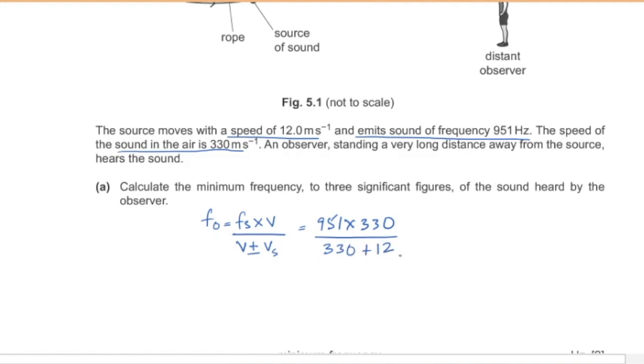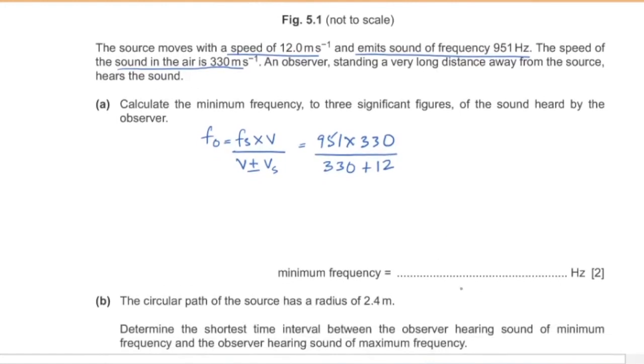If the question asked for the maximum frequency, it would have been 330 minus 12. This is equal to 917.6 hertz. And since the question asks you to round to 3 significant figures, we'll make it 918 hertz.